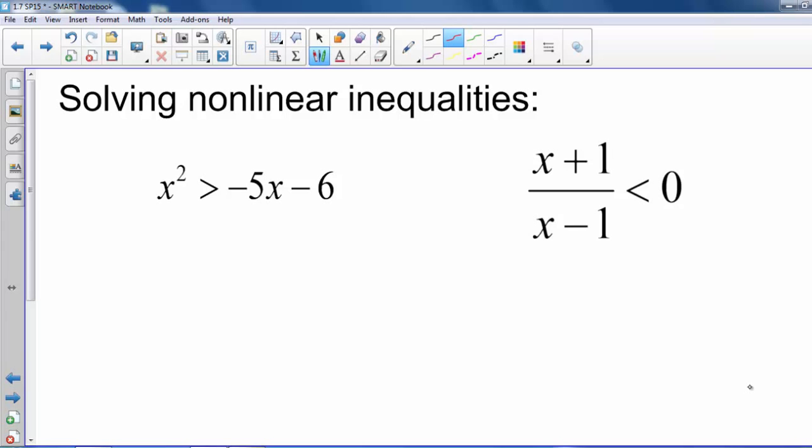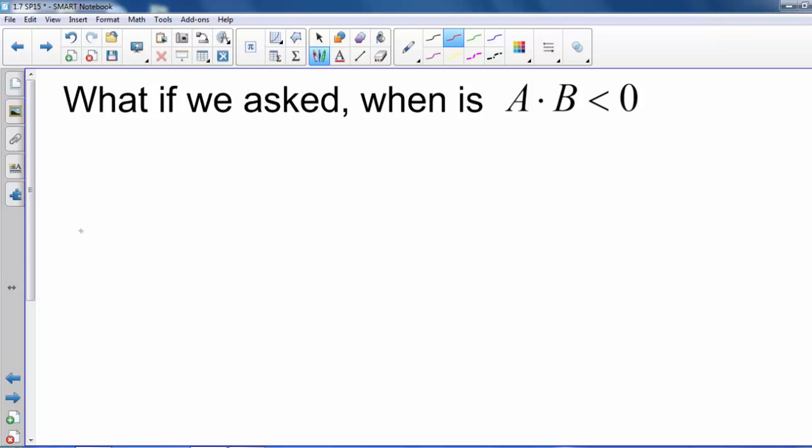So what if we have something like x squared is greater than -5x minus 6, or x plus 1 divided by x minus 1 is less than 0? So first, let's think about the question, when is a times b less than 0?